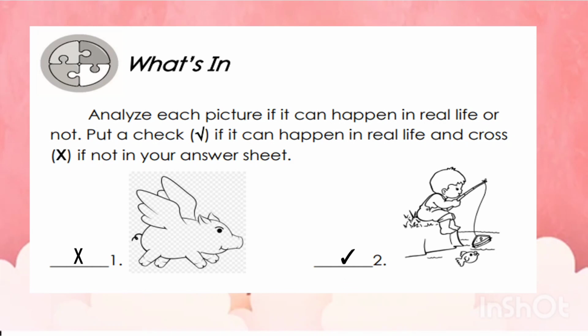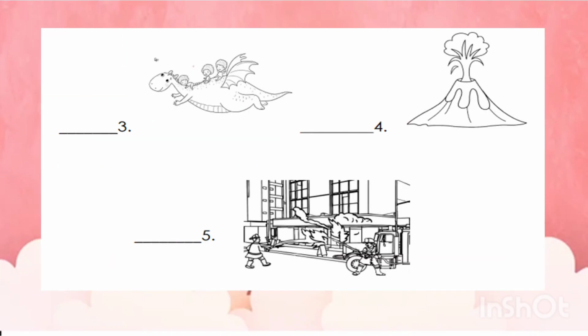Correct. Check. Number 3. Very good. Cross. Number 4. You're right. Check. Number 5. Very good. Check.